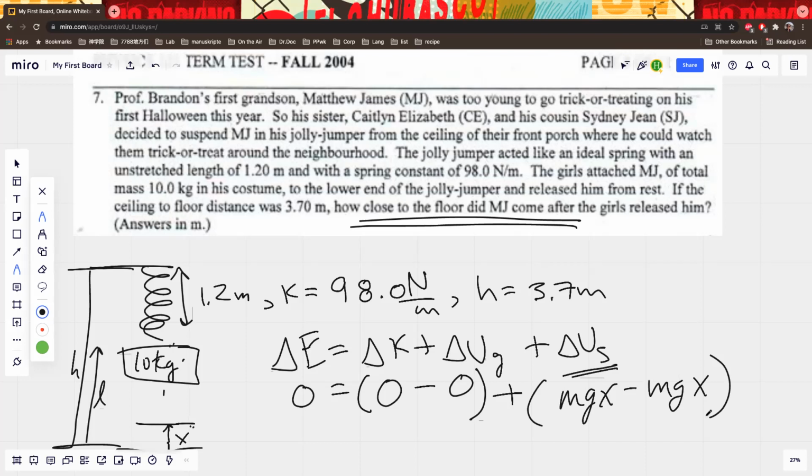Sorry, I should have said MGL minus MGX. So let's call the difference between X and L D. Then we have just MGD.